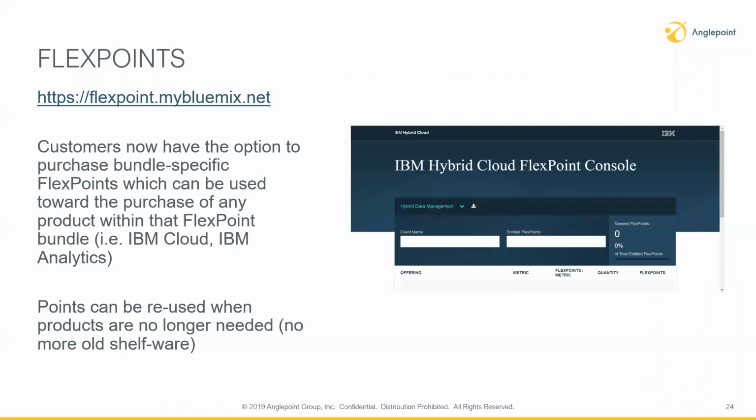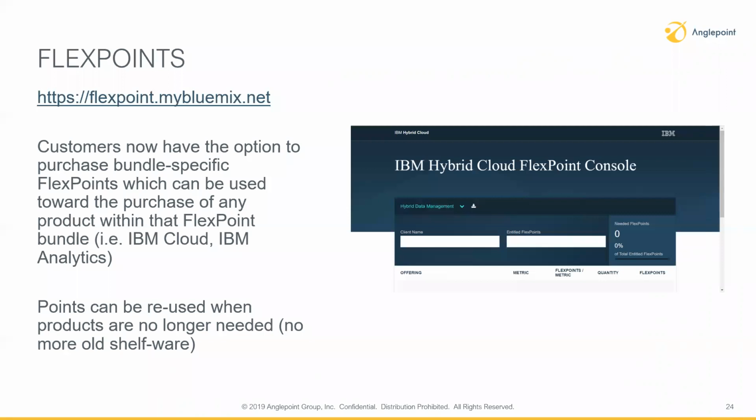With Flex Points, you can purchase a bucket of points. They're just points. And there are specific bundles, Flex Point bundles. Okay, and I put in parentheses cloud and IBM Analytics. So within IBM Analytics, there's dozens and dozens of IBM products. You can purchase Flex Points for IBM Analytics and use those points to purchase any products inside that analytics bundle.